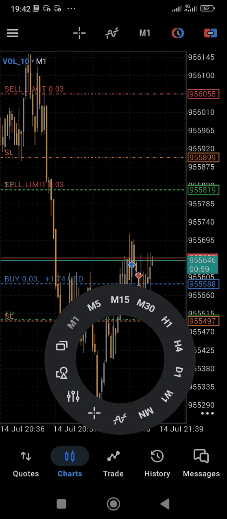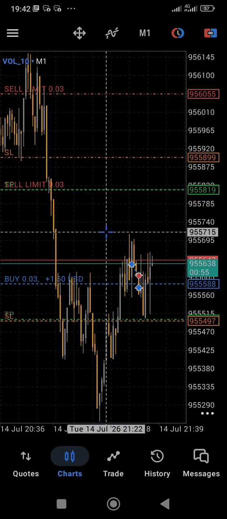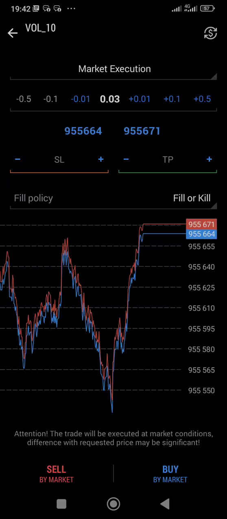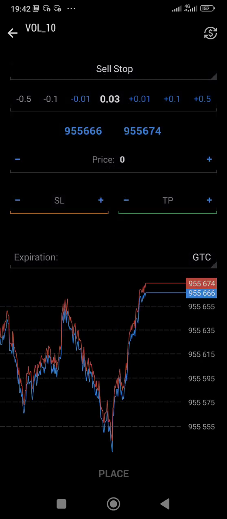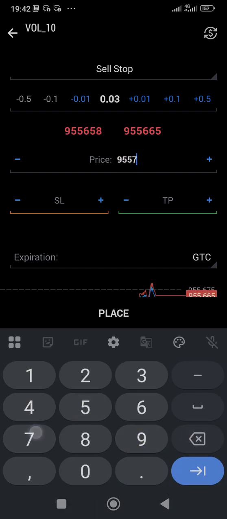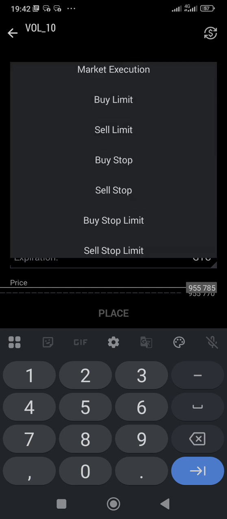Now I understand. So let us take 955,785. Nine five five seven eight five. Oh my goodness, this is annoying. Still going to be sell limit.